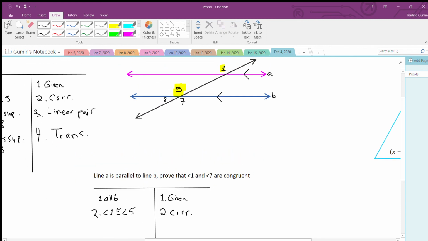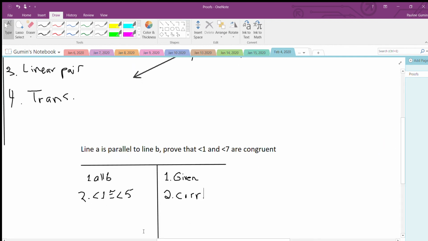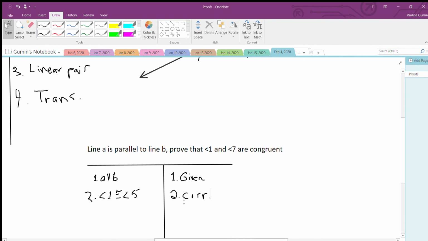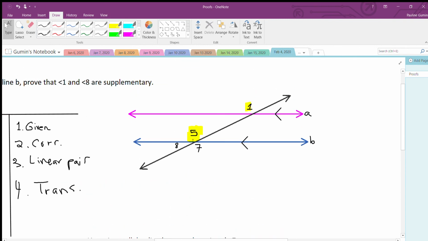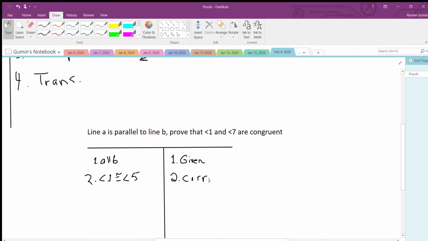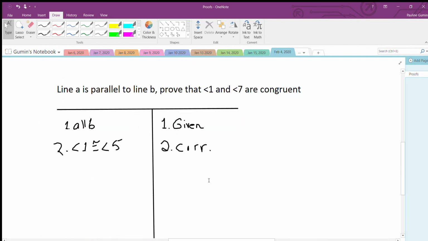Now that we got from 1 to 5, we need to get to 7. How is 5 related to 7? Think about that for a second. Okay, 5 is related to 7 through vertical angles. And what do you know about vertical angles? They are congruent. Let's write that down. Step 3: Angle 5 is congruent to angle 7 because they're vertical angles.